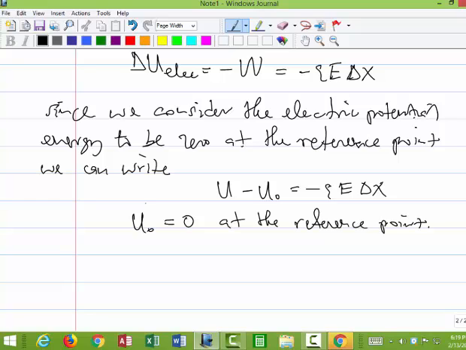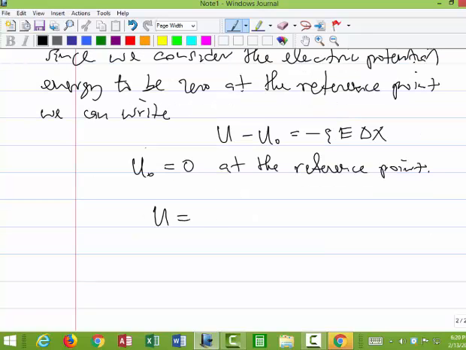We took the gravitational potential energy at the reference to be equal to 0. Okay, so we can do the same here. In your textbook, they use the magnitude of the displacement, and so the negative sign goes away. But I'm going to keep it on this one. I see that to be more conventional, so I'll keep that, and then we go from there. So I could also write U equals U naught minus QE delta X.